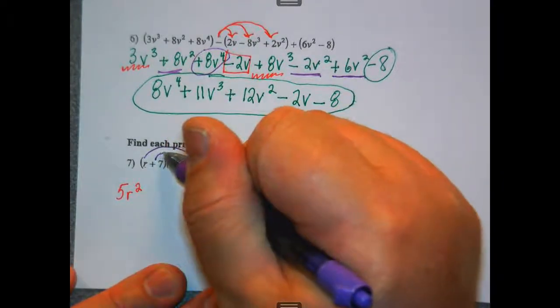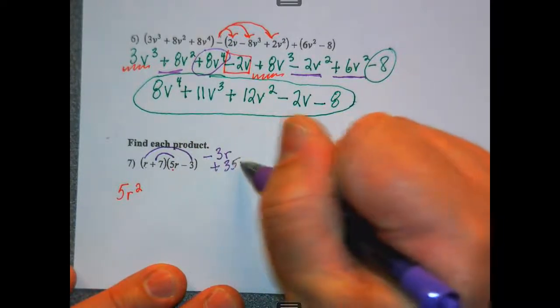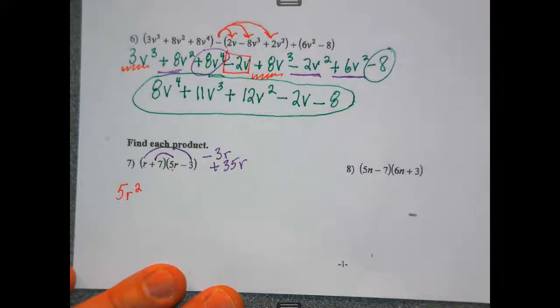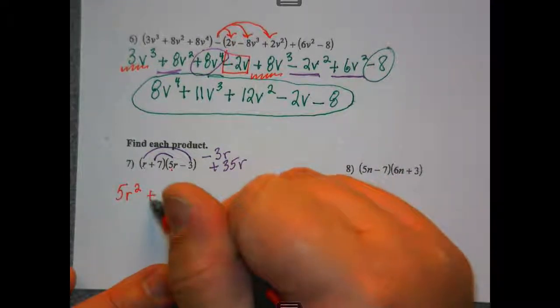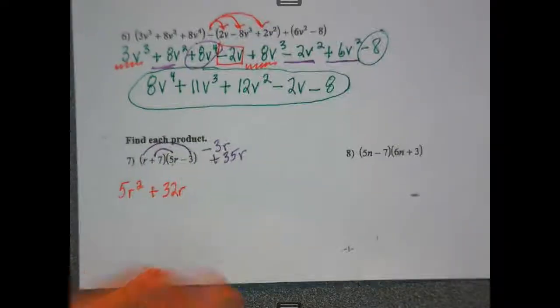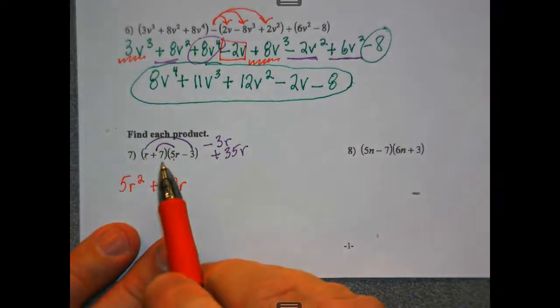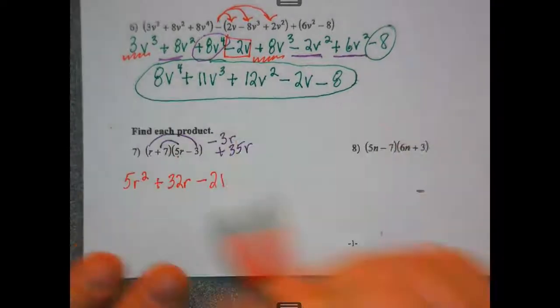Inside, 7 times 5R is positive 35R. Negative 3R plus 35R is plus 32R. And then the last term, 7 times negative 3 is negative 21.